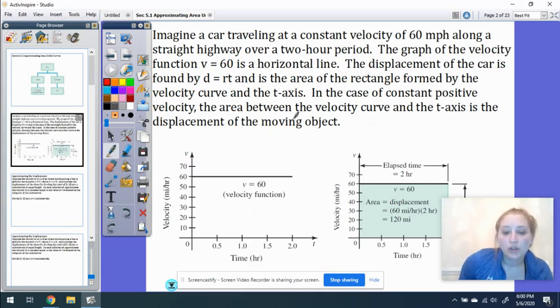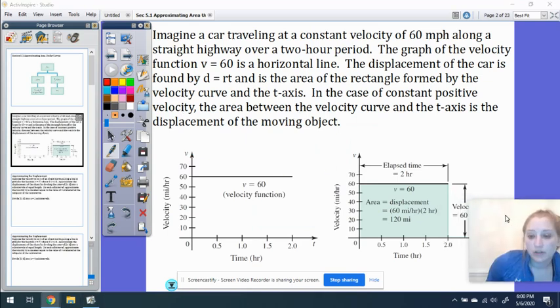Okay, so for instance, if you're looking at this picture, we have a car with a velocity, and we want to find the displacement by d equals r times t. And in this case, it's a rectangle because it's horizontal.